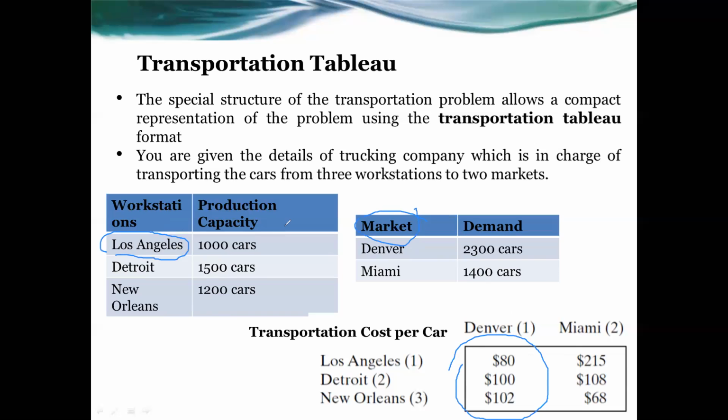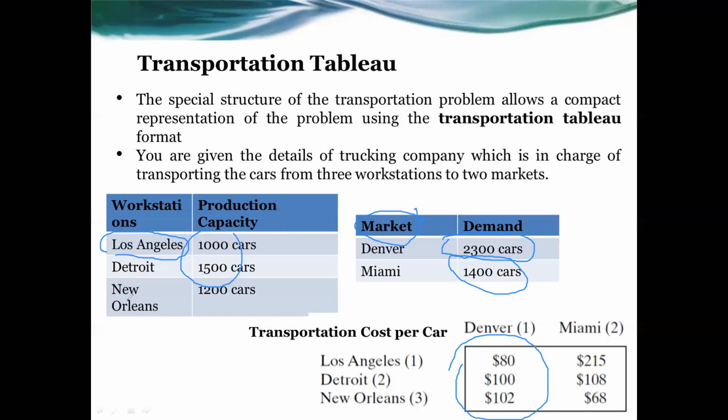Okay. So now the question is, how much of this transportation cost do we have to incur when we try to fulfill this market demand? We have a 2,300 cars demand at the market called Denver. Assuming we try to fulfill it using Los Angeles and Detroit, then we have 2,500 cars, so using these two we can fulfill it. But don't forget, we have to come across the transportation cost.